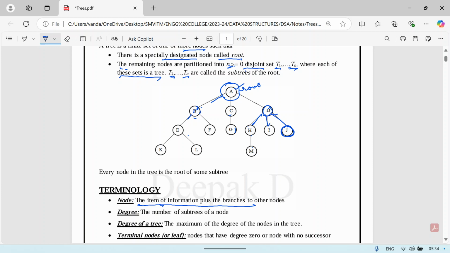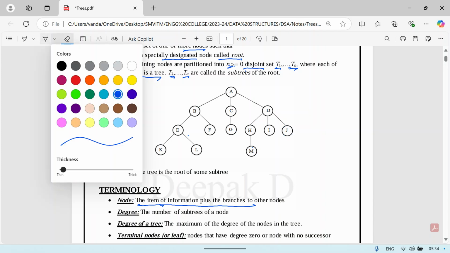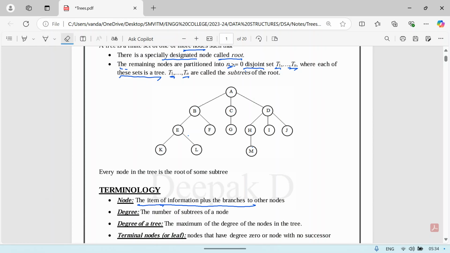The next one is degree. See here in this tree itself, let me show you what the degree is. Okay. For example, I'll consider the node B. The degree is the number of child nodes that it has.